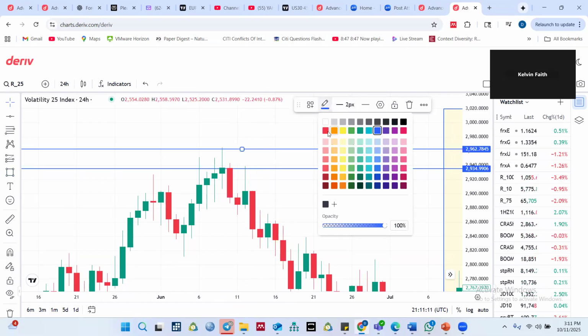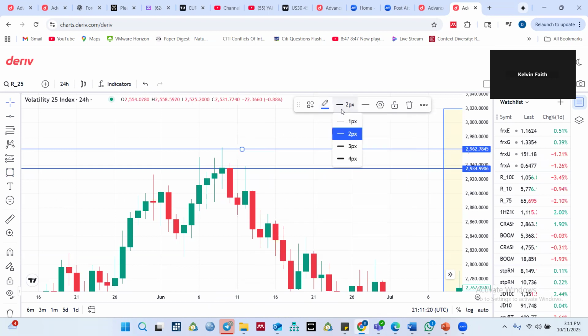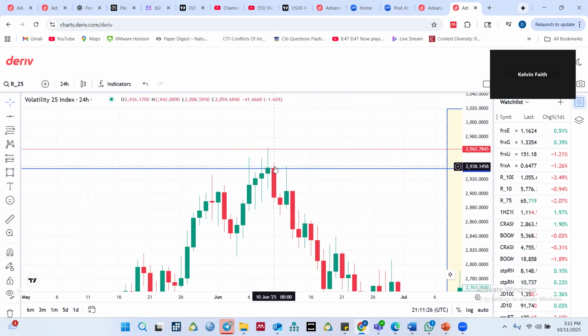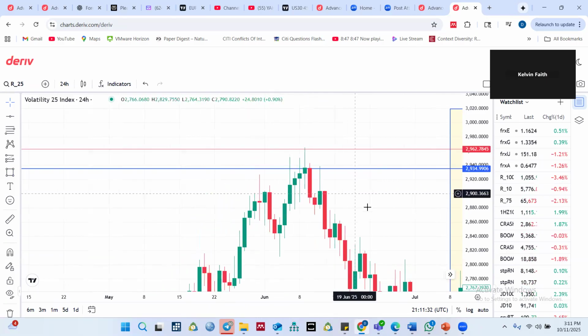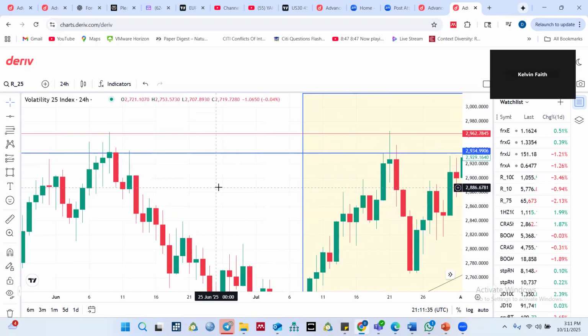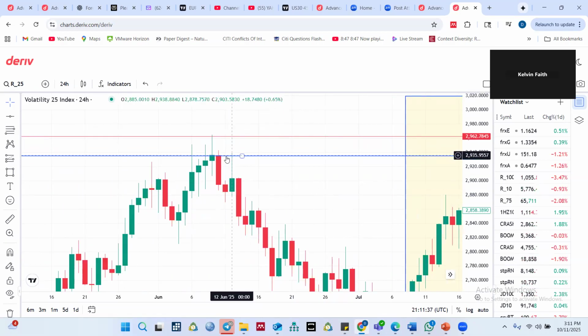But just put it at the body, where the body took it from before it sold. Now, when you put it at the body, let me change the color to red. Good. So we have the blue line, which is where the body is, and we have the wick where price actually hit before rejecting. So now let's study the blue line.